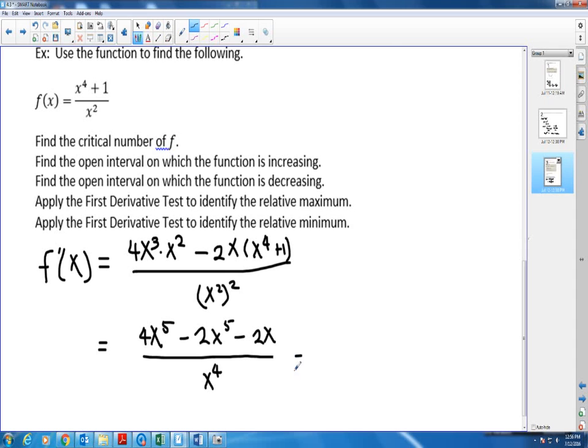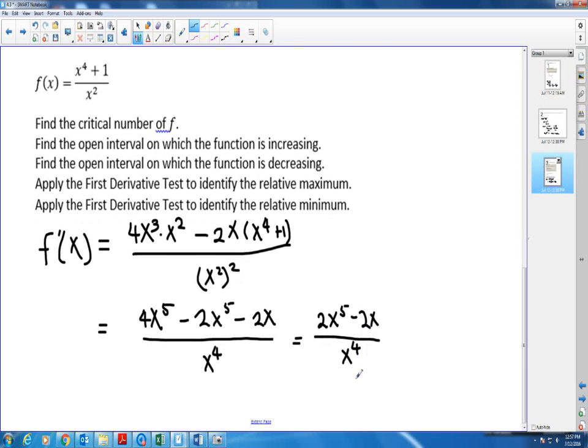So if I subtract, that will give me 2x to the 5th minus 2x over x to the 4th.